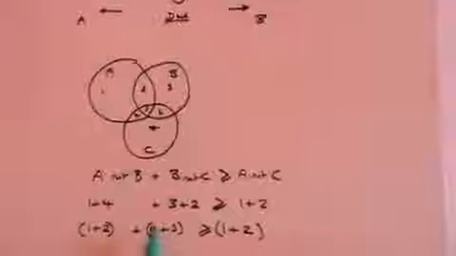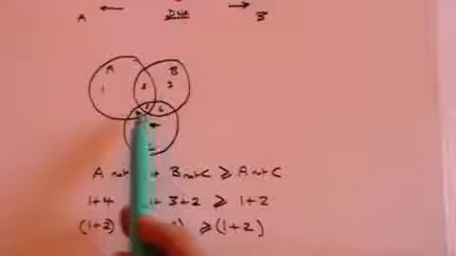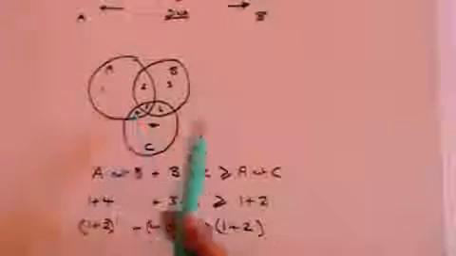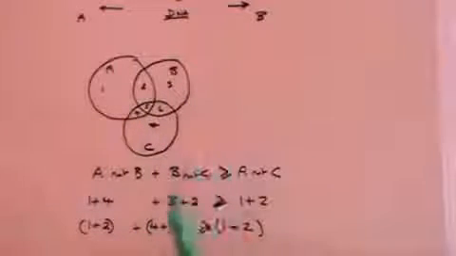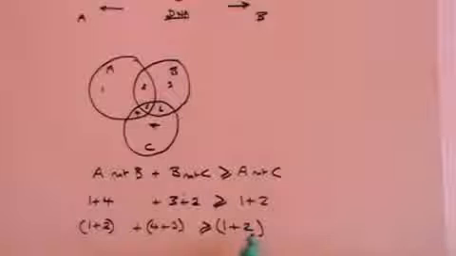But if there are any children in categories 4 or 3, what is 4? 4 is that they are wearing hats and gloves but not scarves. 3 is that they are wearing scarves but not hats or gloves. If there's anybody in those, then this inequality will be true.